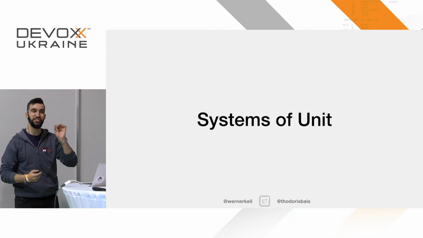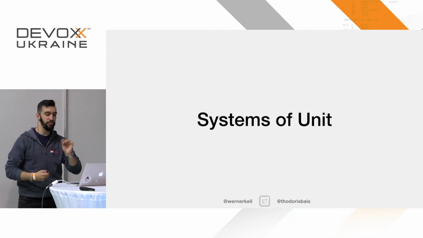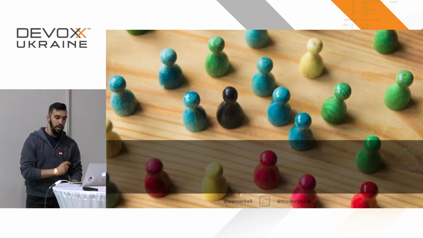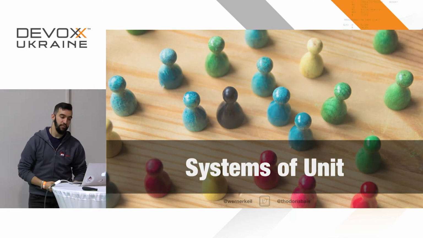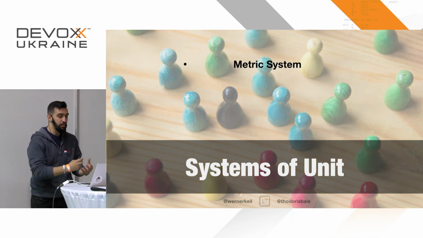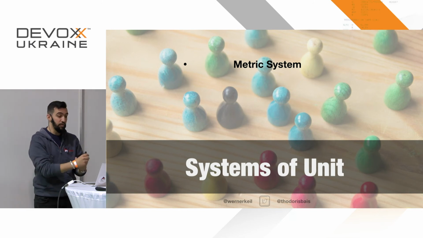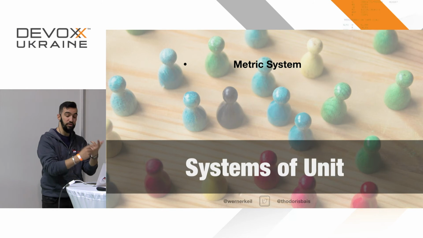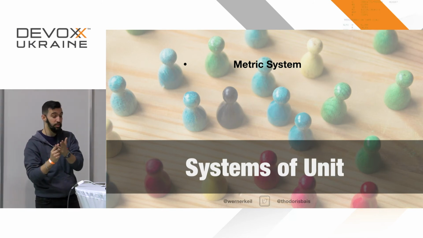Systems of unit. I touched a bit upon the systems of unit in the very beginning of this talk. So let's see what we have here, right? We have the metric system, which is very well known and which we are also very familiar with. We do have meters, kilograms, seconds, amperes, and the base units, as we said.